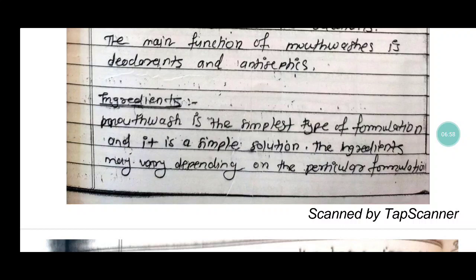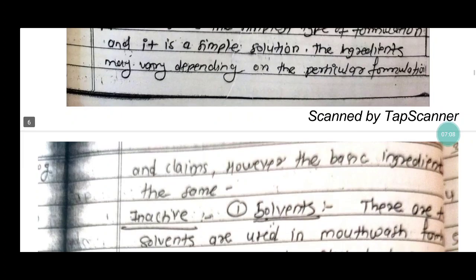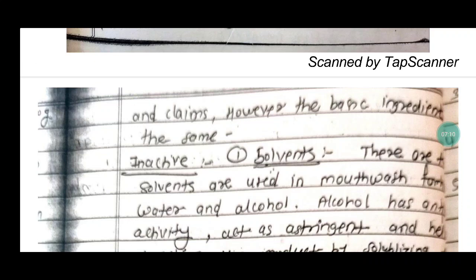What is the formulation for the mouthwash? It is the simplest type of formulation, a simple solution, with ingredients depending upon the particular formulation and claims.